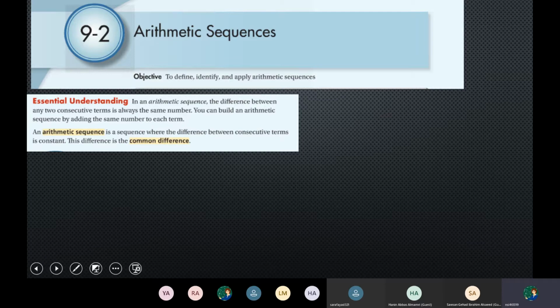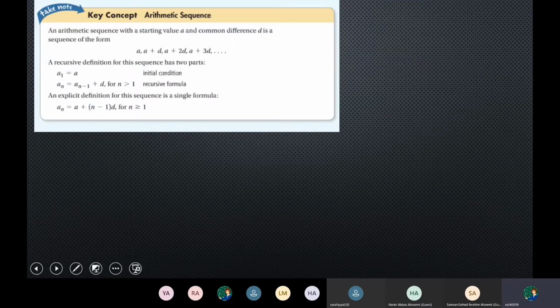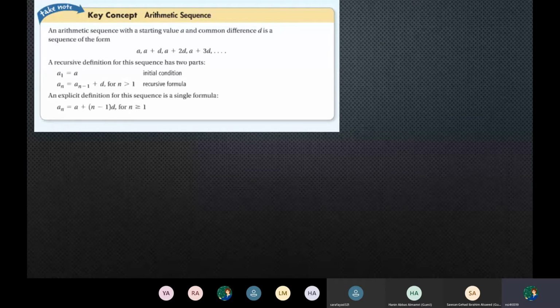The formula is a sub n equals a sub 1 plus n minus 1 times d, where a sub 1 is the initial term, d is the difference, and n is the number of the term.